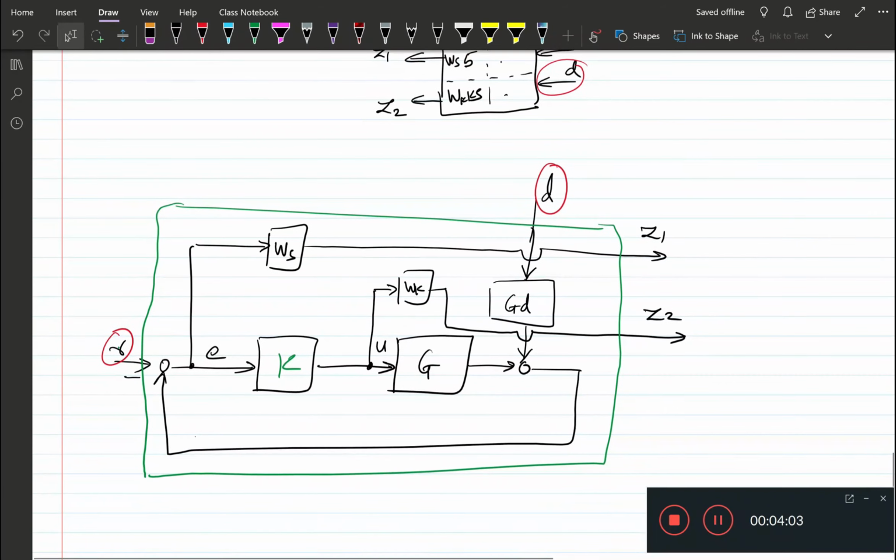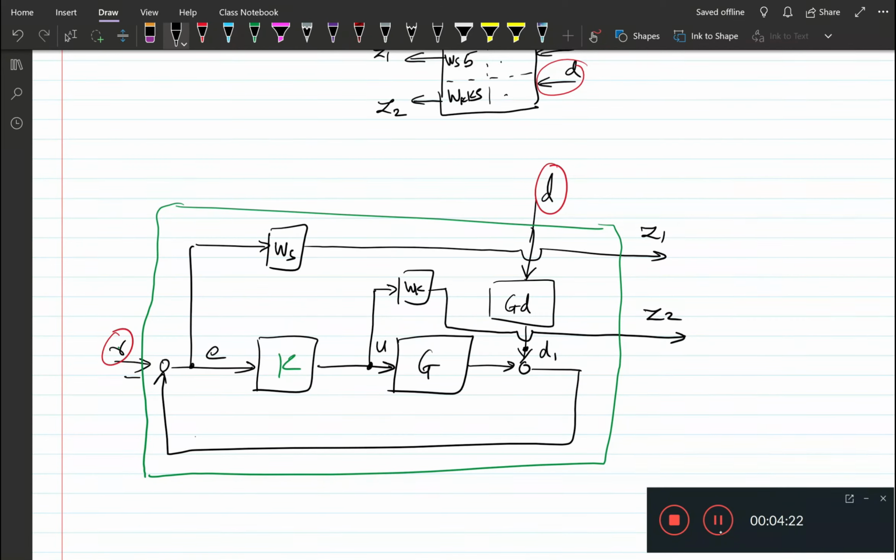So let's see what's the transfer function from D to E. So let's call this one the D after passing through GD, D1. Now let's calculate the transfer function from D1 to E. So what do we have?